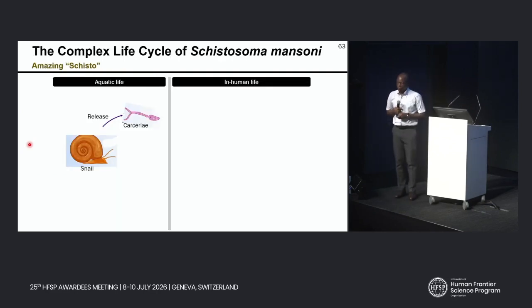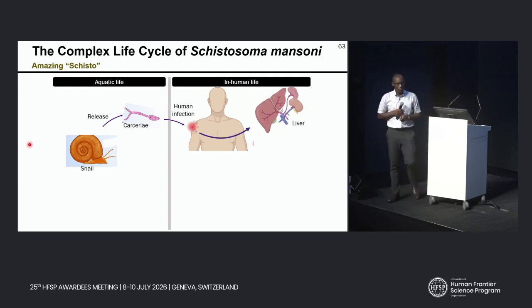So yes, I want to take you a little bit back to the biology of this very amazing life cycle here. The story begins in the aquatic life cycle where the snails release the cercariae, and they infect humans.